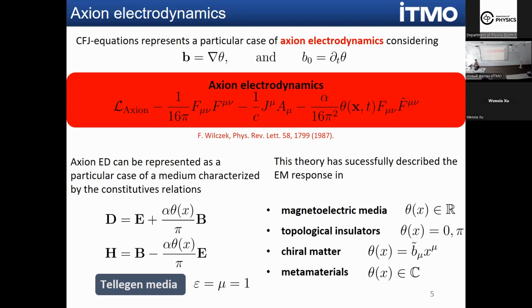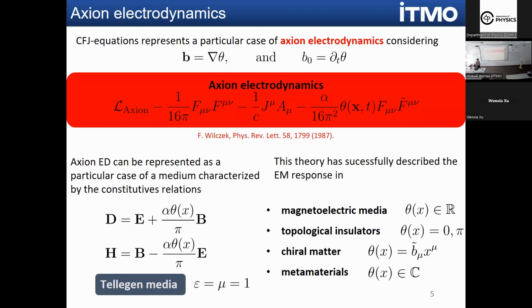In condensed matter, the axion field has realizations and actually describes matter. For example, axion electrodynamics can be represented as a particular case of a medium characterized by these constitutive relations, and we can see that these constitutive relations correspond to tellegen media, also known as magnetoelectric media, with permittivity and permeability equal to 1.